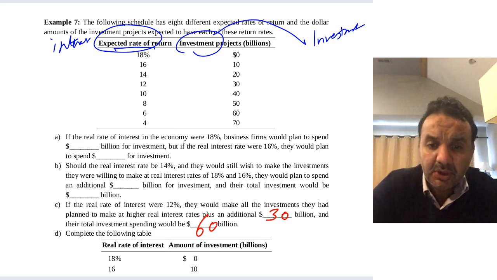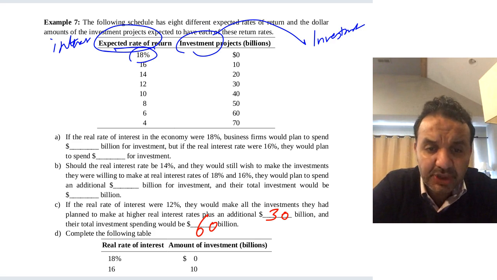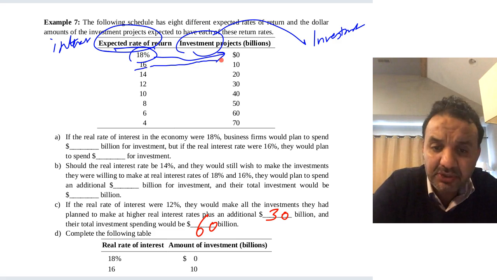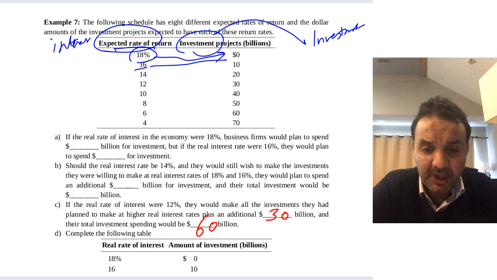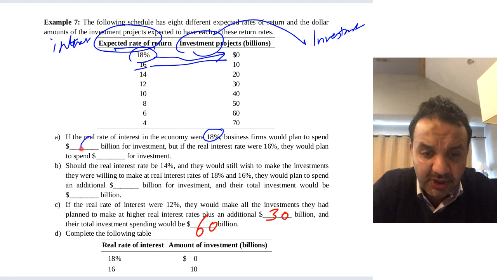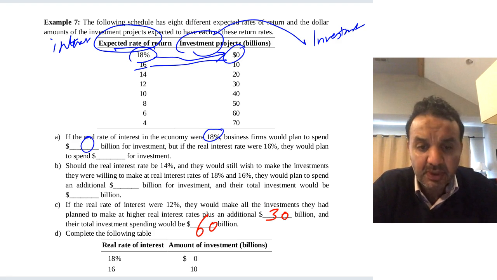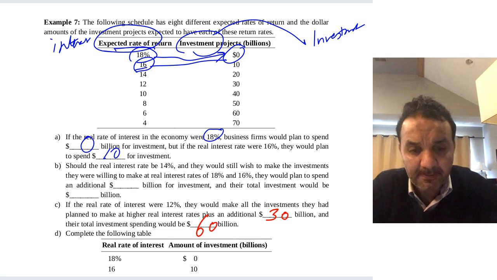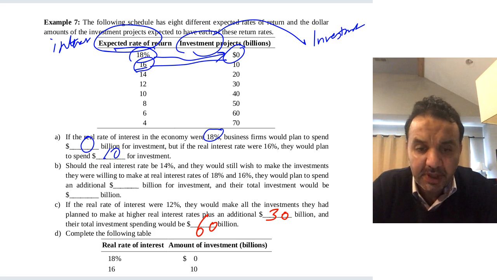With 18%, this is too high, so I will not have any incentive to invest at all. With 16%, your investment will be 10, and so on. Let's answer these questions. If the real interest rate in the economy was 18%, business firms would plan to spend 0. But if the real interest rate is 16%, they would plan to spend 10 for investment.